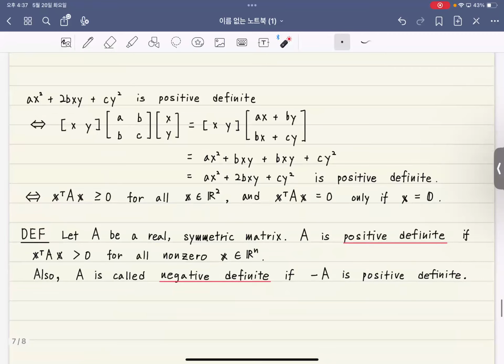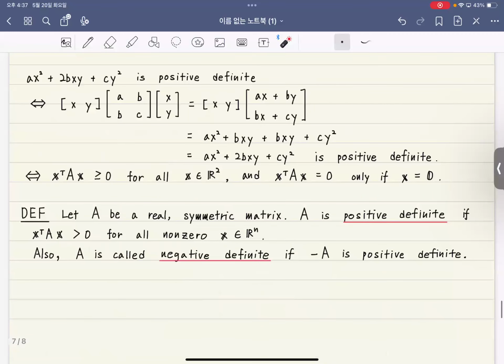So, okay, finally, I can give you the definition of the positive definiteness of a real symmetric matrix. Suppose that A is a real symmetric matrix. A is positive definite if x transpose times A times x is greater than 0 for all non-zero vectors x.